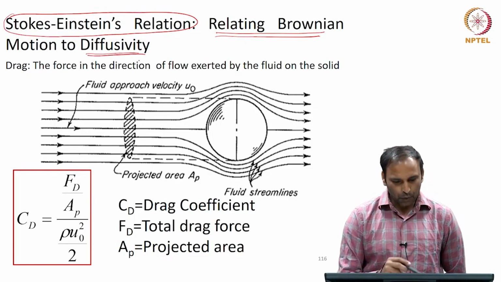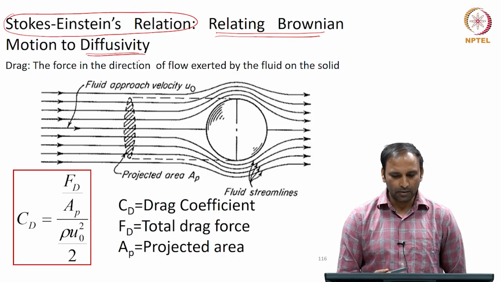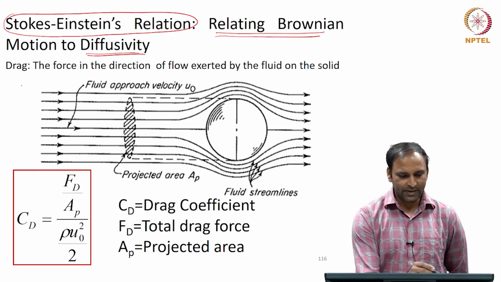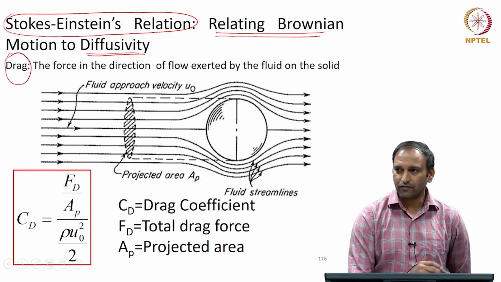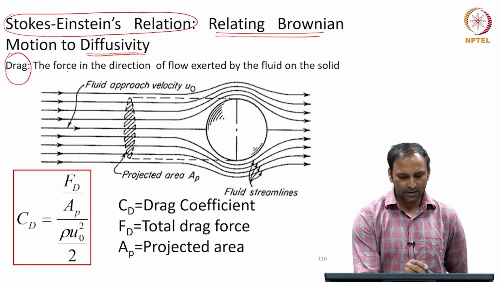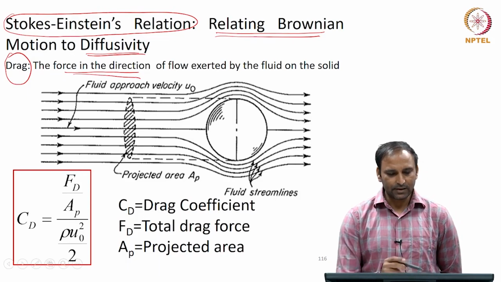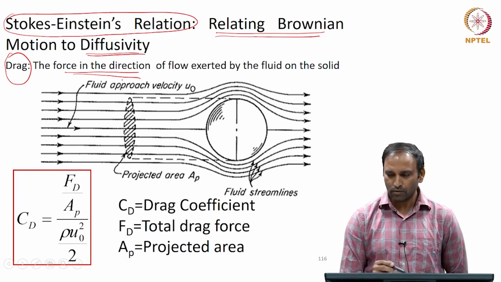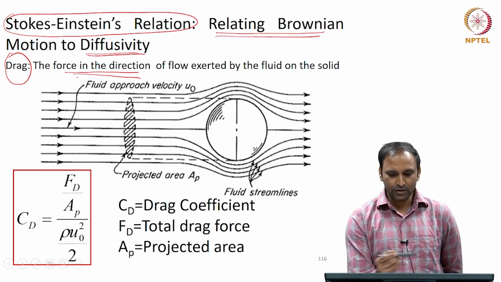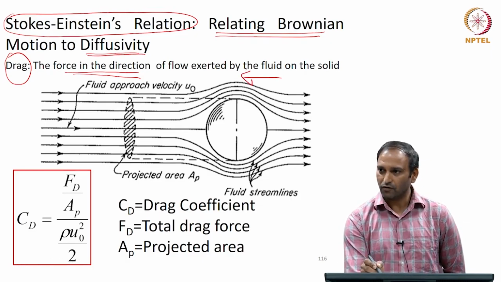Now, whenever you have a particle moving in a fluid, there is going to be a drag force. The drag force is exerted in the direction opposite to the flow of fluid.